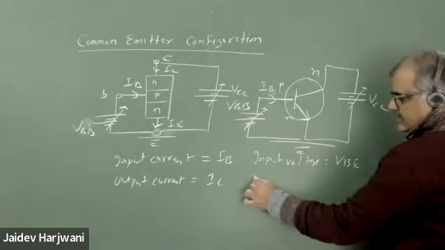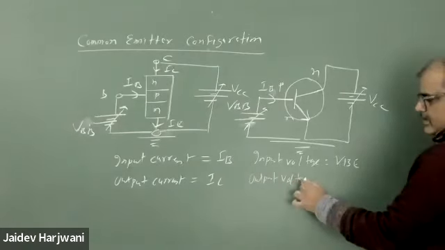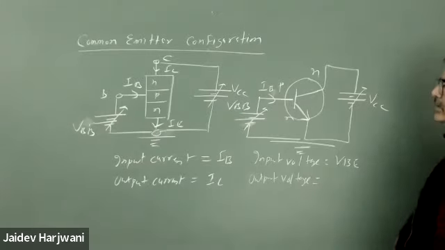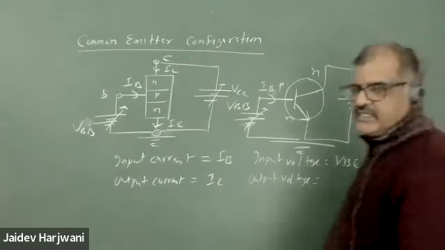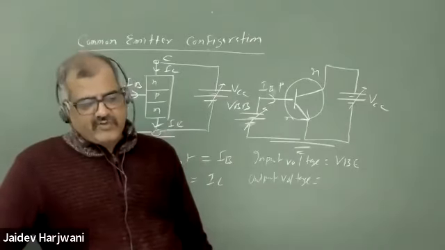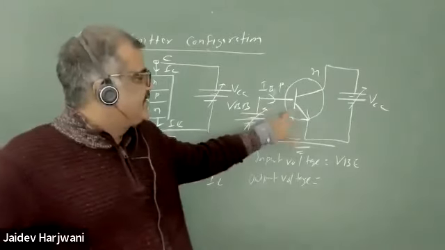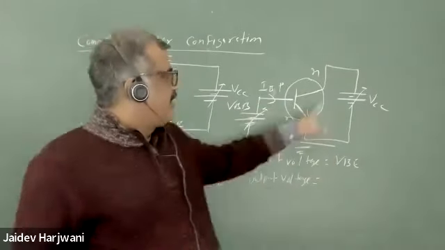Okay, and output voltage, what is the output voltage here? Output voltage means the voltage at the output terminals. Input voltage means the voltage at the input terminals. Input terminals are base and emitter, so the input voltage is VBE.